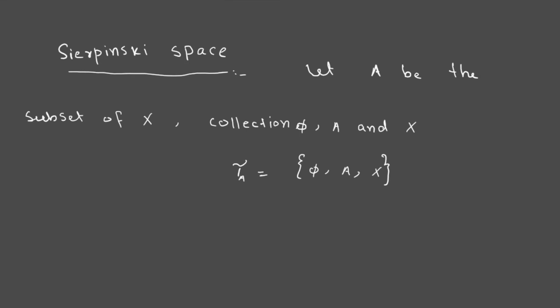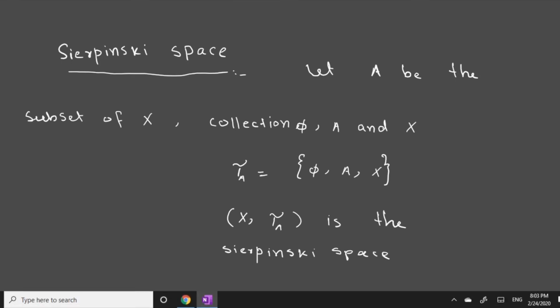The topological space, when we write it as (X, tau A), is the Sierpinski space.